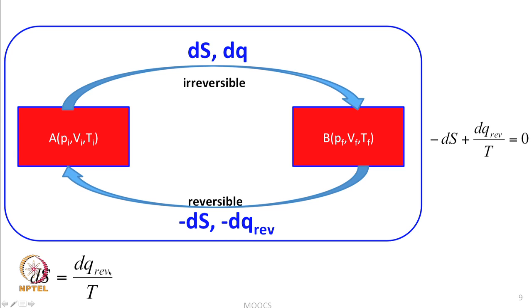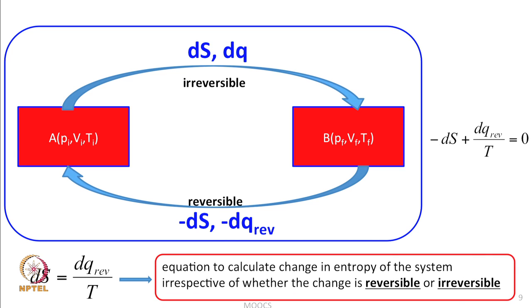And this is the formula or equation to be used to calculate change in entropy of the system, irrespective of whether the change is reversible or irreversible. Remember that entropy is a state function. Therefore, whether the process is reversible or irreversible, as long as we maintain the temperature constant, it does not matter. The same formula is to be used.